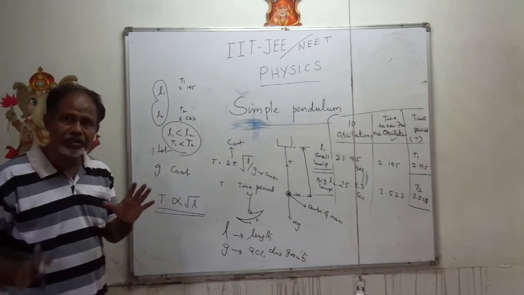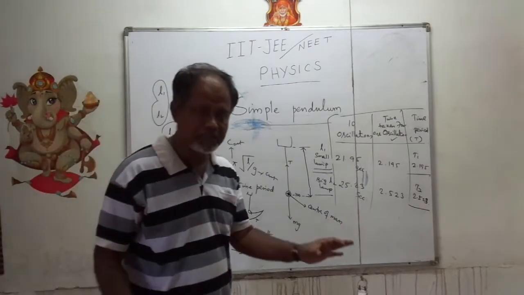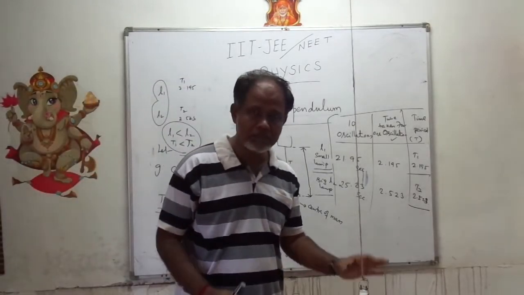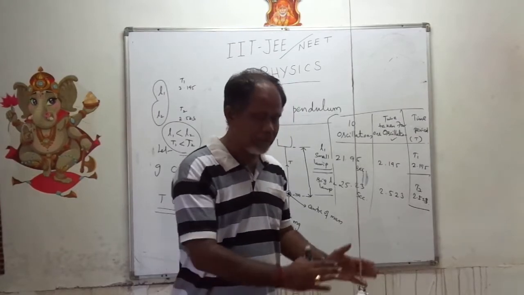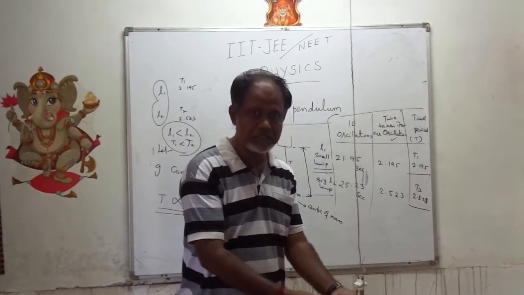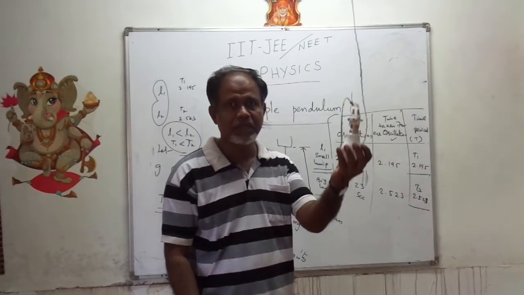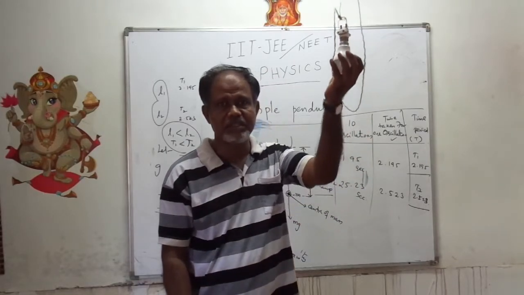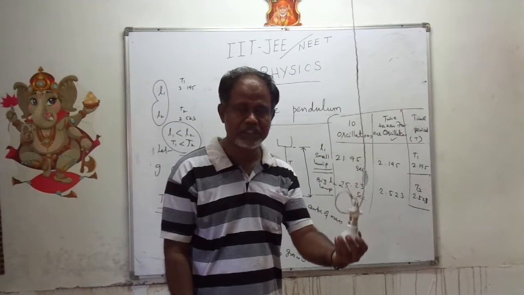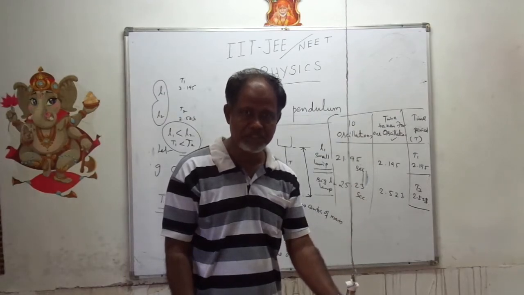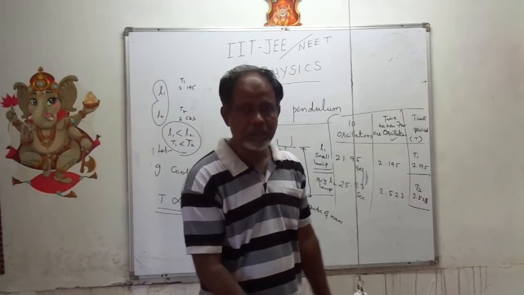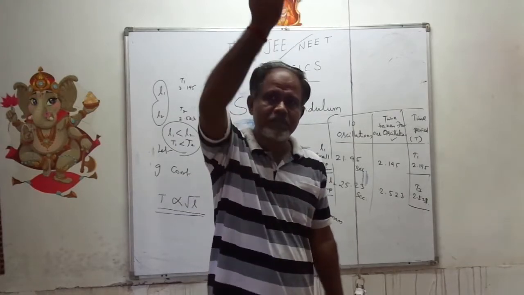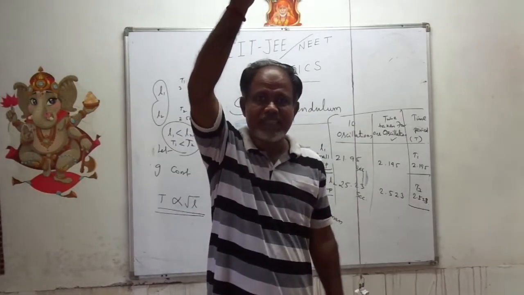This holds when the acceleration due to gravity is constant, since we are using this pendulum here only, not anywhere. If you change the position, the acceleration due to gravity gradually changes. If you bring this ball upward from the Earth's surface, the acceleration due to gravity decreases.